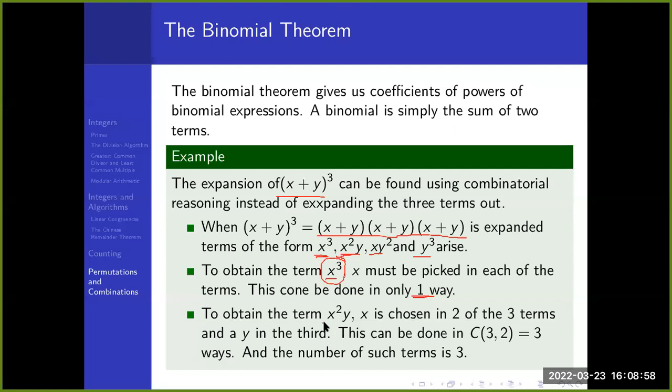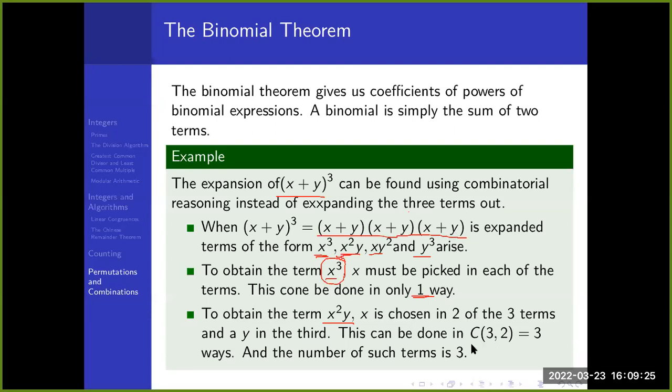Now, if you are going to get a term in x squared y, it means you pick x from two of these terms. Out of these three terms, you pick two x's and one y.